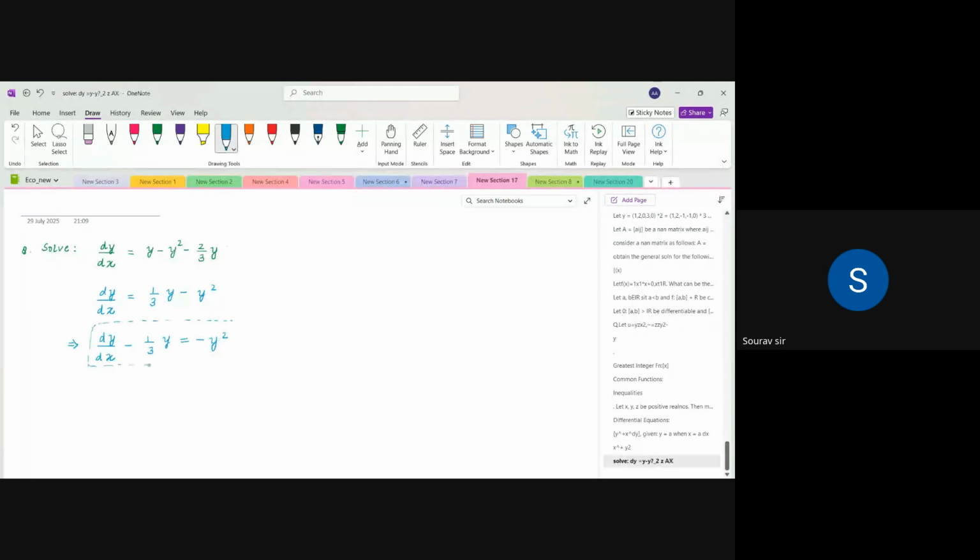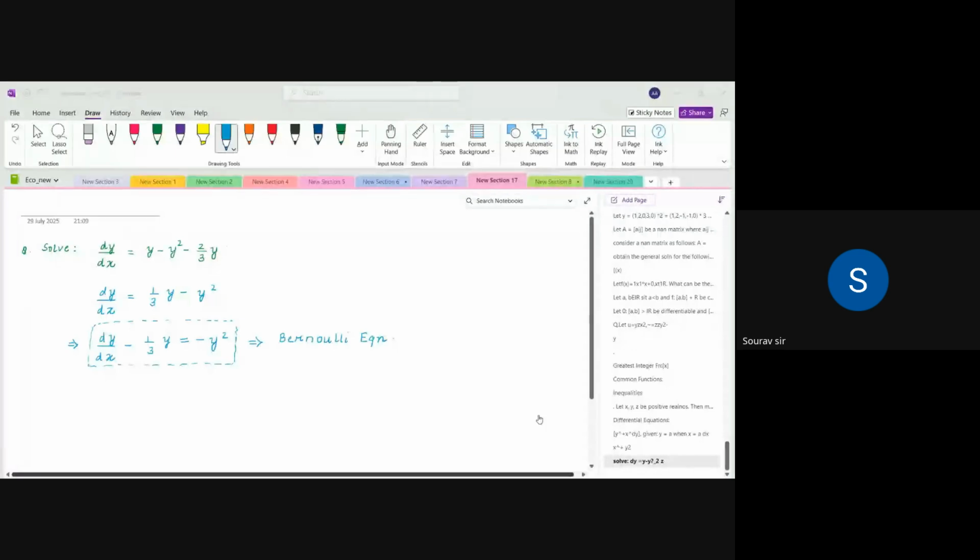Correct? So this is your Bernoulli equation, right? Is this making sense to all of you?